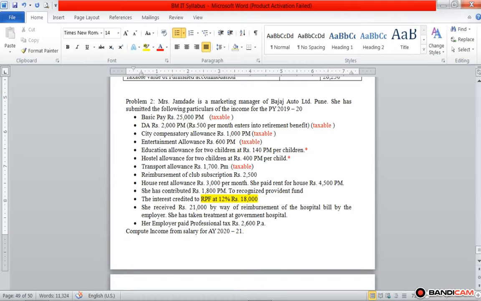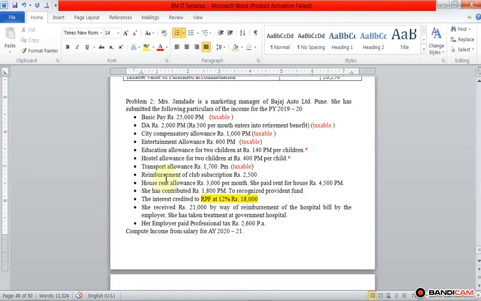It is partly taxable and partly exempted only for a handicapped person. In case of a normal person, transport allowance is fully taxable.